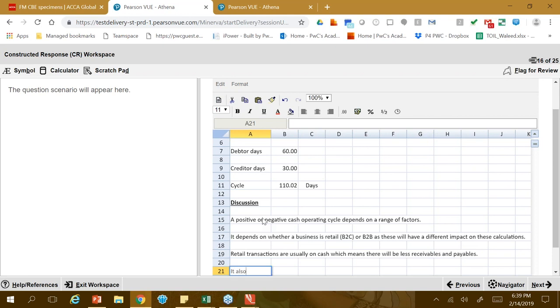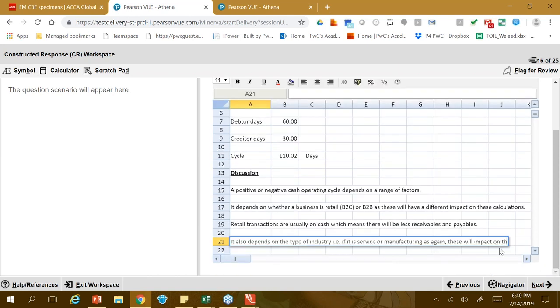It also depends on the type of industry, i.e., if it is service or manufacturing, as again, these will impact the receivables, payables, and inventory days.